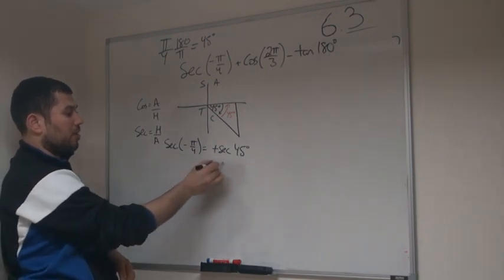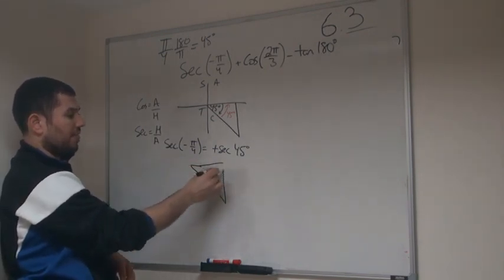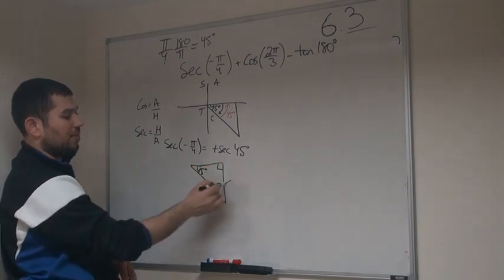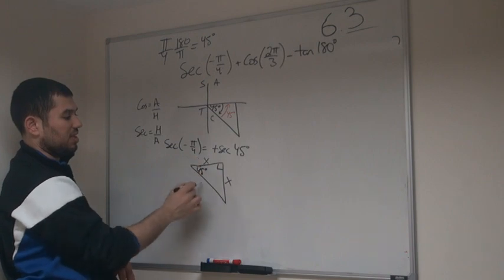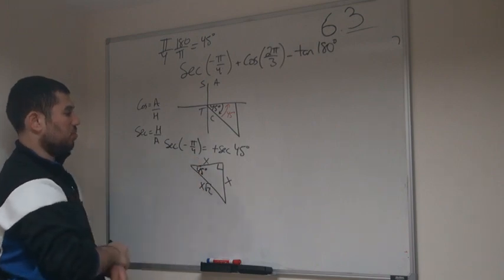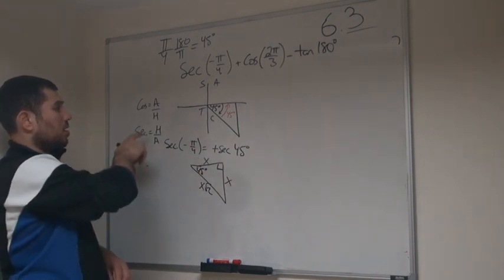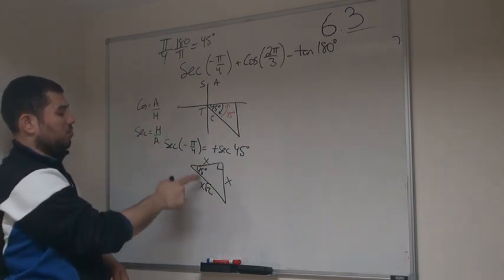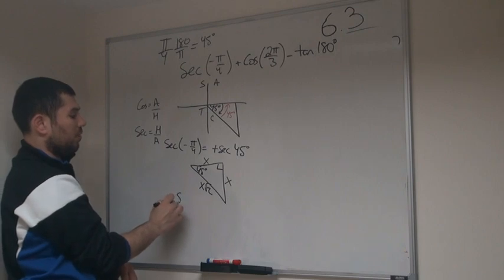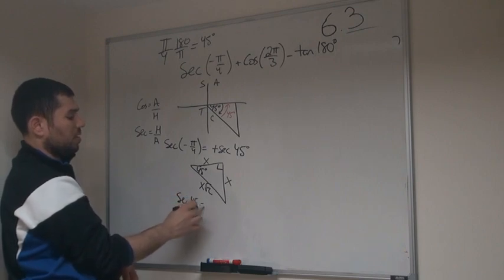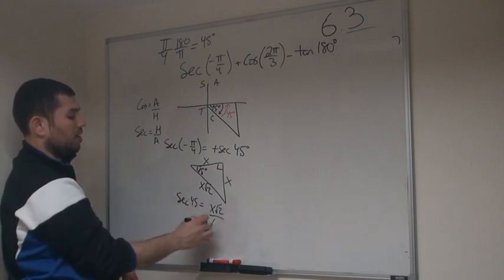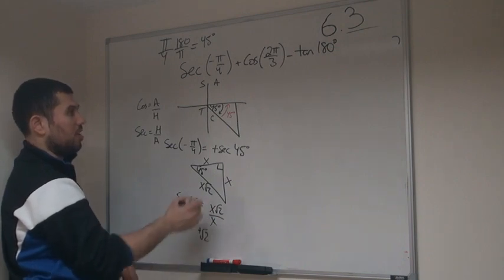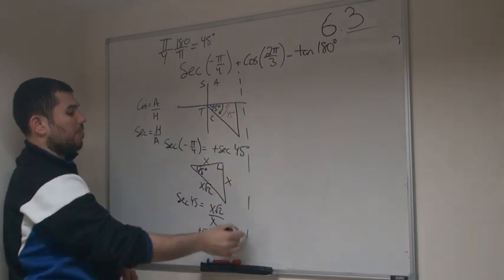So if we remembered our 45, 45, 90 triangle, we remembered the opposite side is x, the adjacent side is x, the hypotenuse is x root 2. So cosine is adjacent over hypotenuse, secant is hypotenuse over adjacent. So the secant of 45 degrees is x rad 2 over x. The x's factor out, so I just get a plus rad 2. That's the first part of 3 parts.